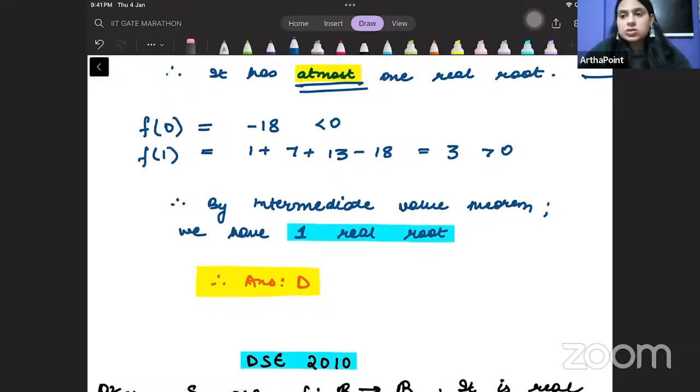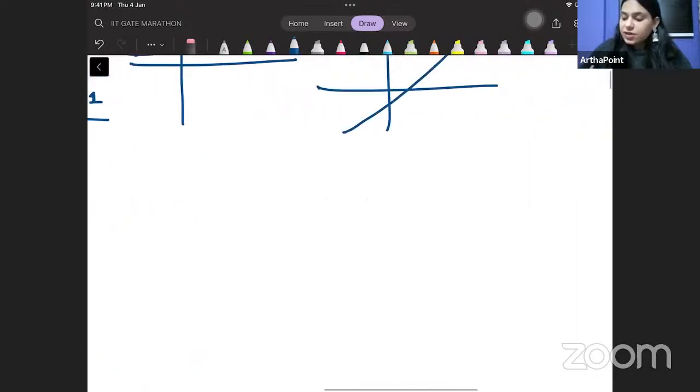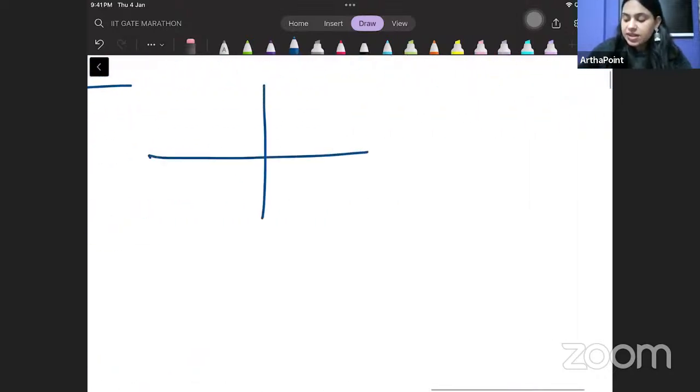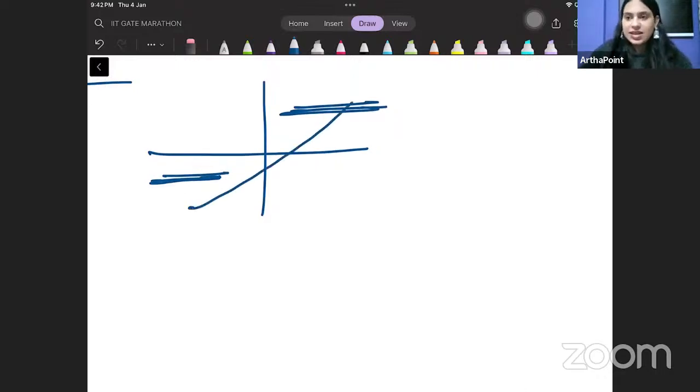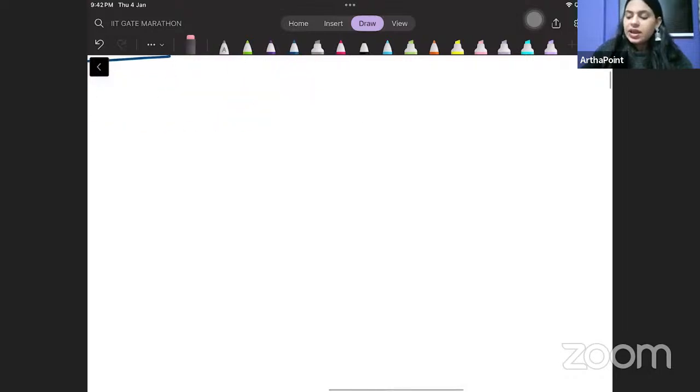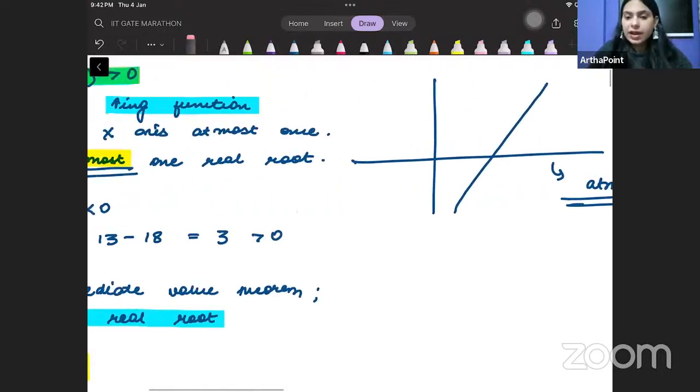Now what we can do is find whether the function goes from negative to positive. Because if the function takes some negative values and then takes some positive values, then we can be sure that definitely it is cutting the x-axis. So I need to evaluate the function a bit and check whether this function is taking sometimes negative value and sometimes positive value.